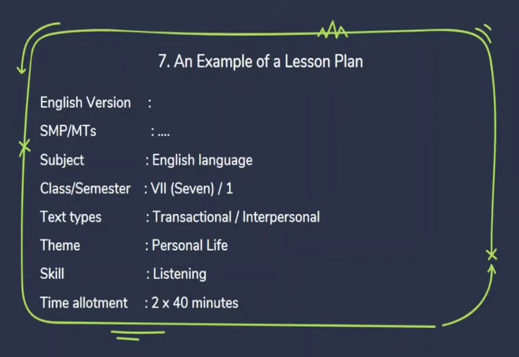Text type, transactional or interpersonal. Theme, personal life, and skill, listening. Time allotment, 2 x 40 minutes. And it is about the example of identifying the subject.